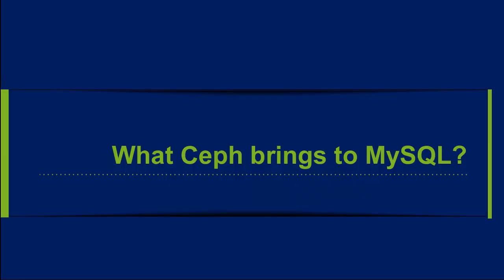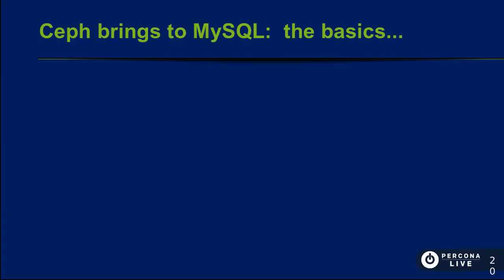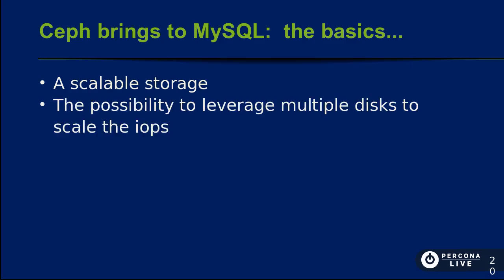Okay, now what can we do with Ceph for MySQL? It would give scalable storage, which is kind of obvious. If you have sufficient concurrency in MySQL, using a lot of threads, you could potentially have a lot of IOPS, even on spinners.